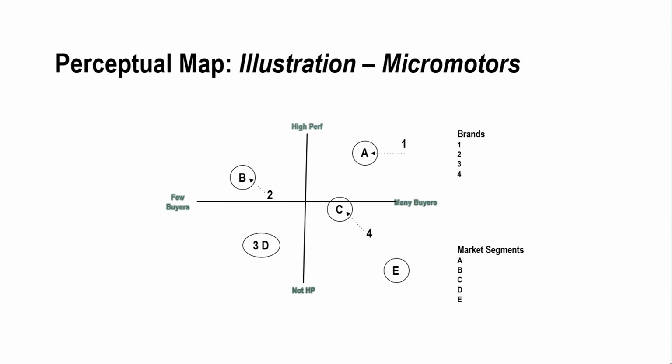The white goods segment will perhaps be here, where there are many buyers and not a very high performance required, whereas high performance required versus many buyers could be automotive. So, a brand 1 which is quite strongly positioned for the automotive market may decide to address the appliance market, and that will be a growth opportunity, where they will have to contend with maybe brand 4 and so on.